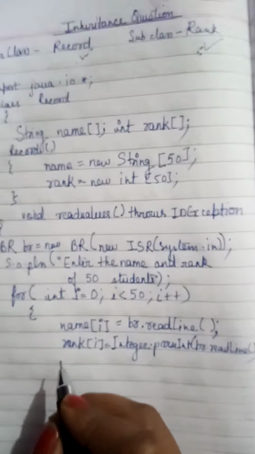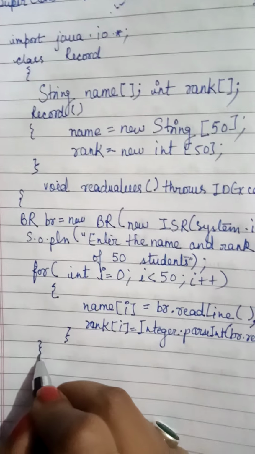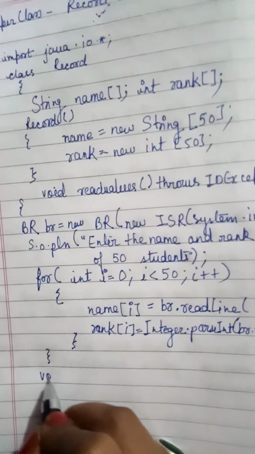Okay, this much we have to do in the function readValues. Now come to void display.